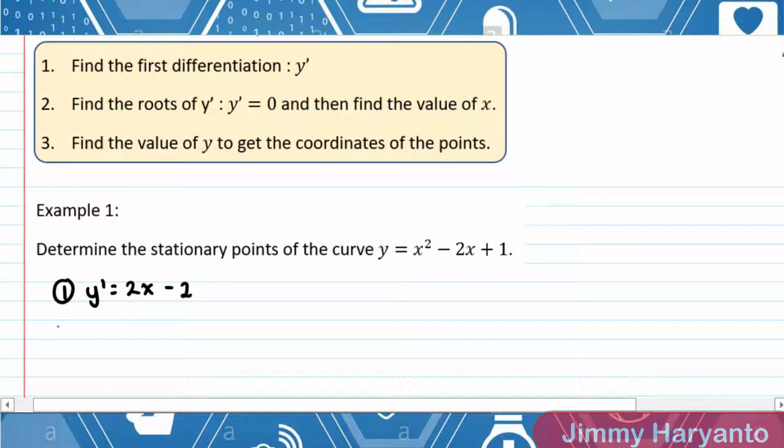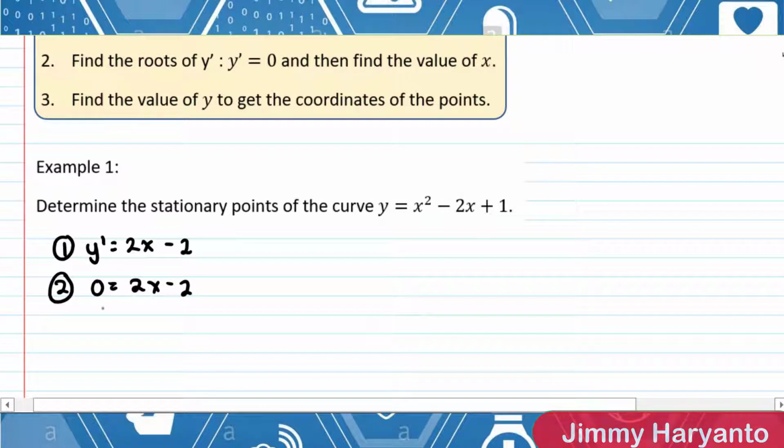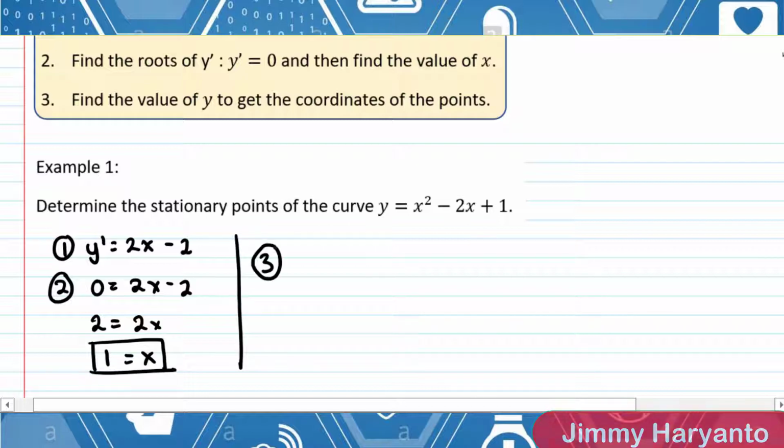And then the second step is to find the roots of dy/dx equals 0. So 0 equals 2x minus 2, and then you have to find the value of x. Move the 2 to the left side, and you will get x equals 1. After you get x equals 1, you can go to step 3, which is to find the coordinates. You only have to put the value of x you already got into the function.